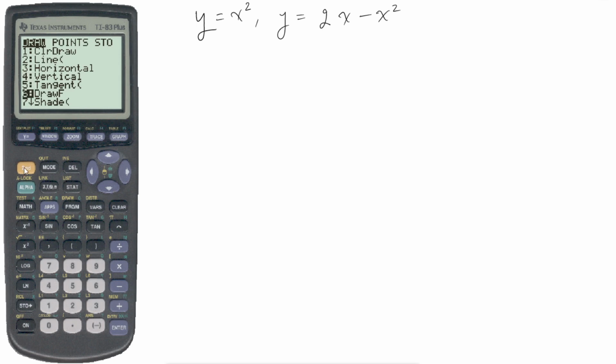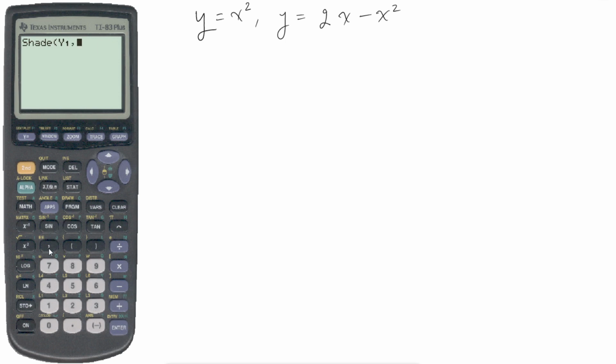I go to second program, which is the draw function, and choose the seventh option, which is shade. On your calculators, you may just get to choose y1 and y2. On mine, I have to specify that. The way that I specify it, in case you have to as well, is I go to vars, over to the y vars, choose function and y1.